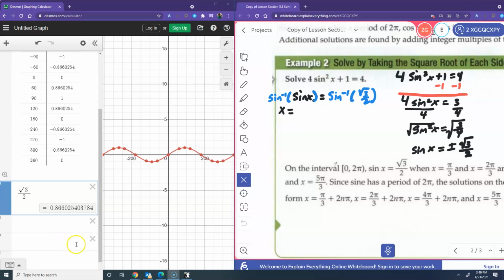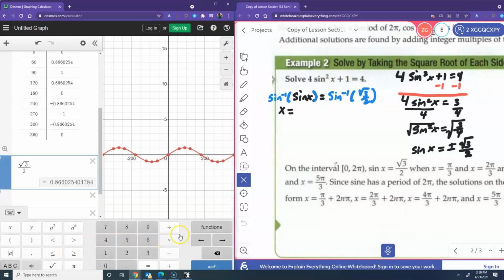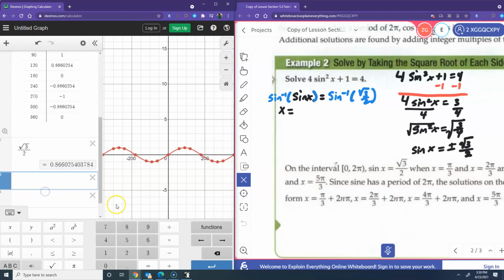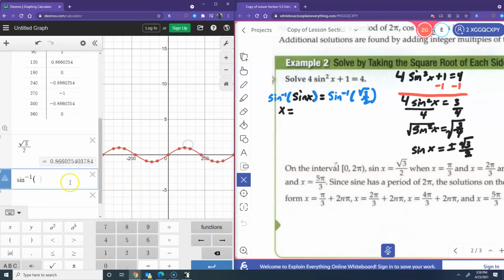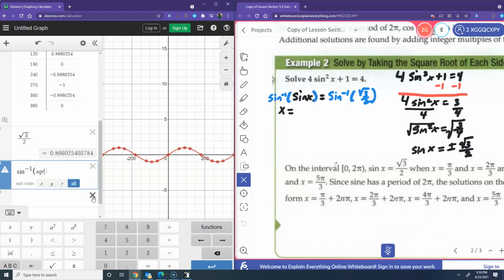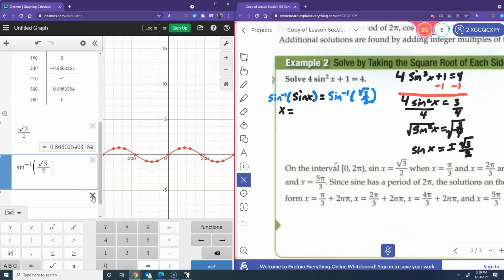Well, I'm going to go to my calculator here. Functions, inverse sine. Square root of 3, divided by 2. And it occurs at 60 degrees. Remember that it occurs in 2 places.